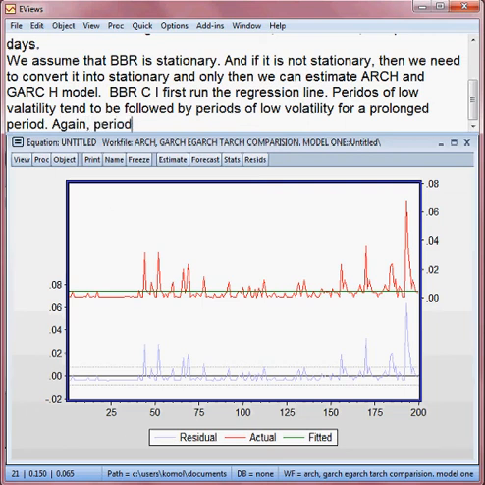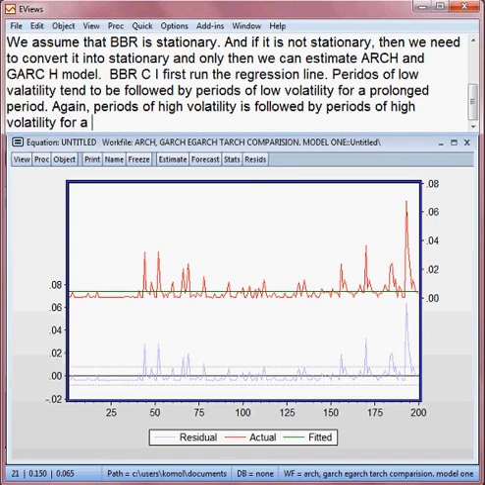Again, the periods of high volatility are followed by periods of high volatility for a prolonged period.